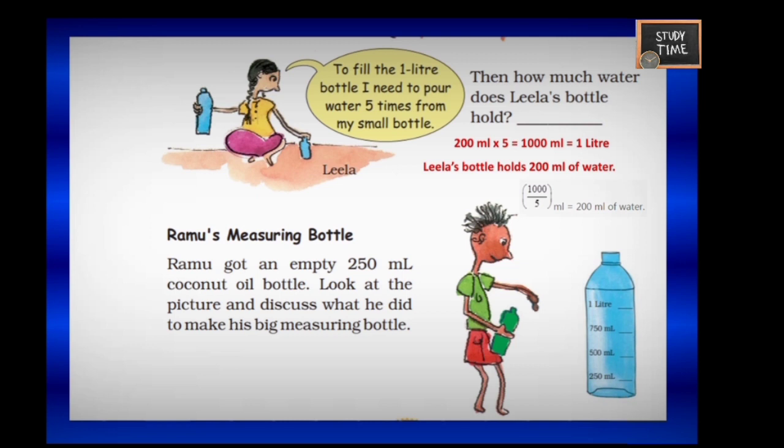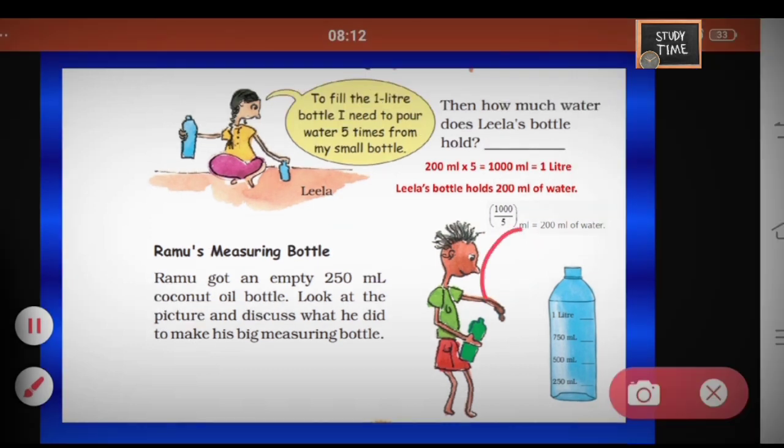Ramu's measuring bottle. Ramu got an empty 250 ml coconut oil bottle. Look at the picture and discuss what he did to make his big measuring bottle. So what he did is, he had one big bottle and one empty 250 ml coconut oil bottle. First he filled the empty bottle with 250 ml and then he poured it into this big measuring bottle.